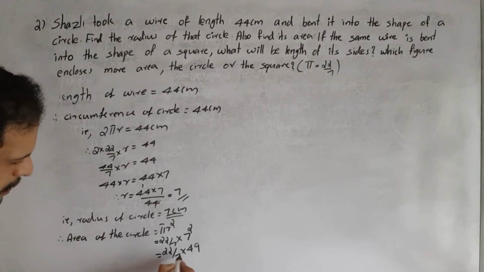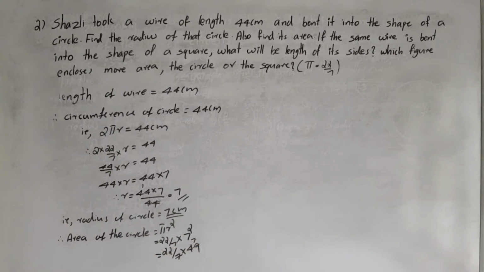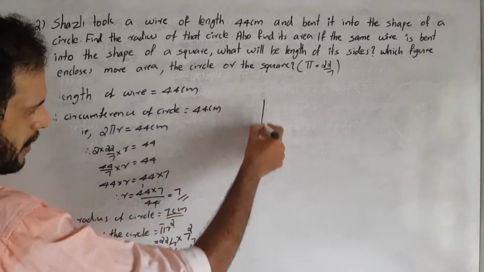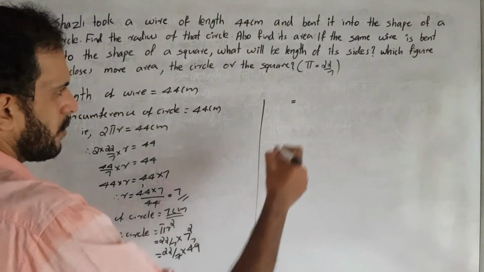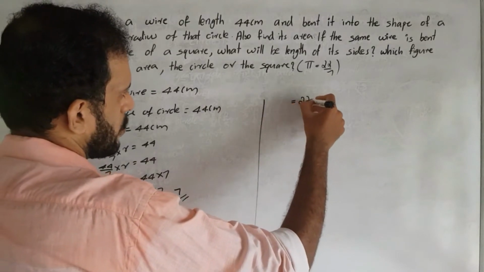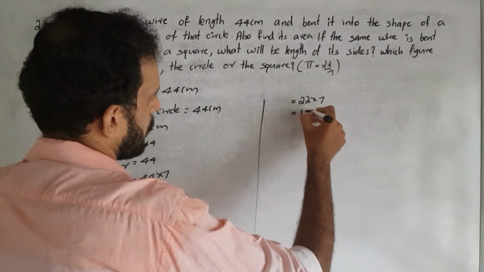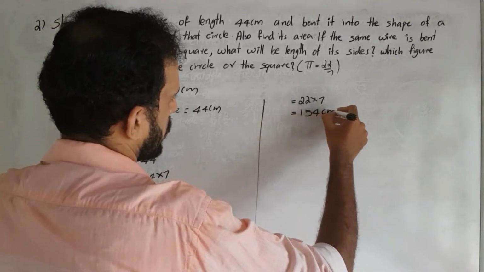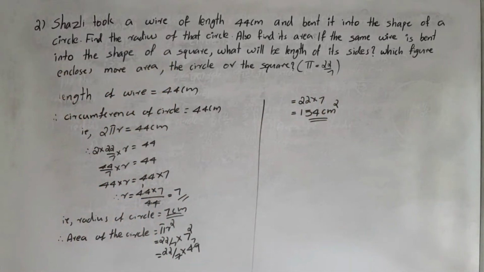Then it is possible to divide 7 and 49. How many times? 7 times, correct? Then what do we get? 22 into 7 is equal to 154 square centimeter. So what is the area of the circle? The area of the circle is equal to 154 square centimeter.